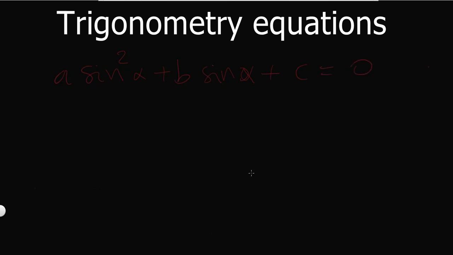So you can also find something like this. In this case, all you do is solve by using the factors. Or you can find a cos squared beta plus b cos beta plus c equal to 0.